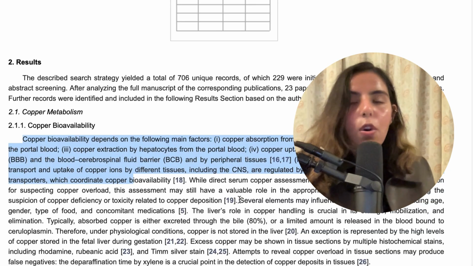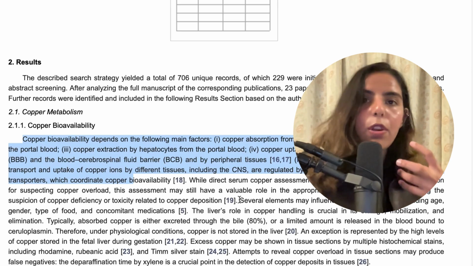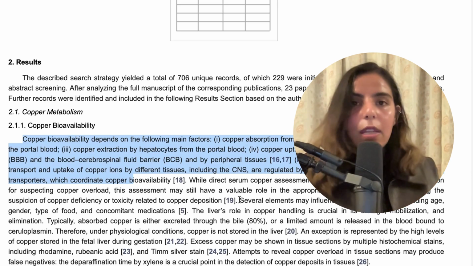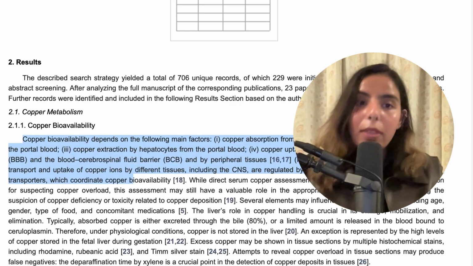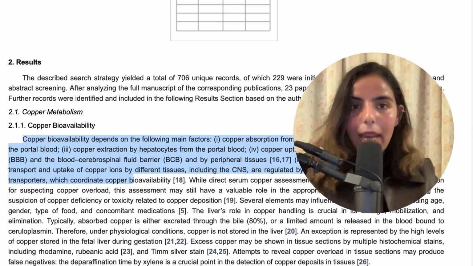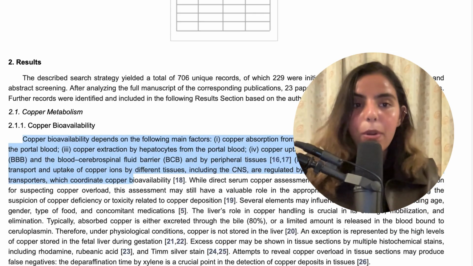It also depends on your blood levels, if you are blood deficient or not. It also depends on your liver cells, on your peripheral tissues, on your circulation, your lymph health. It depends on your blood-brain barrier. It depends on the inflammation ongoing in your system. Now, this is one reason why you should not be supplementing with calcium. And whenever you supplement with calcium and copper go hand in hand.